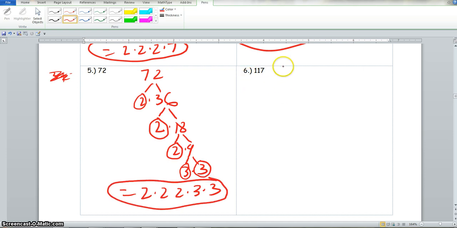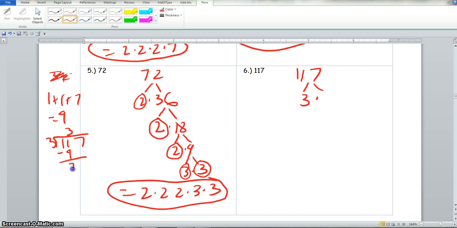Now we have number 6, 117. We know 2 and 5 do not go into this, but let's try 3. 1 plus 1 plus 7 gives us 9. So we know 3 goes into 117. So now we take 3 into 117. 3 goes into 11 3 times. 11 minus 9 is 2.